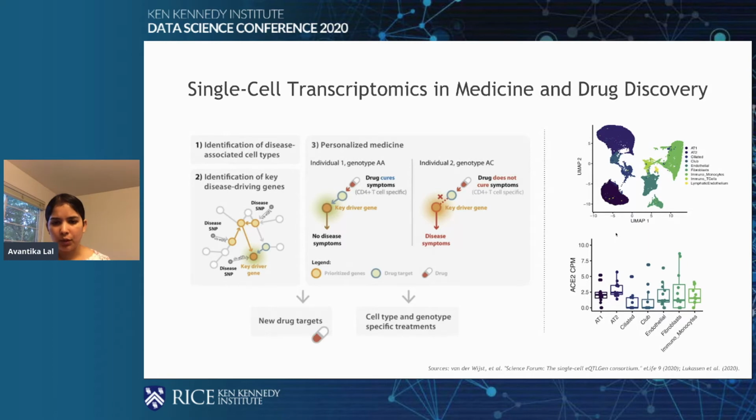Below, you see box plots representing the expression of the ACE2 gene in each of these cell types. The SARS-CoV-2 virus that causes COVID-19 requires the product of the ACE2 gene in order to infect a human cell. So this tells you that there are different groups of cells in the human lung which carry out different functions, and that some of these groups are more susceptible to SARS-CoV-2 infection than others. Next slide.